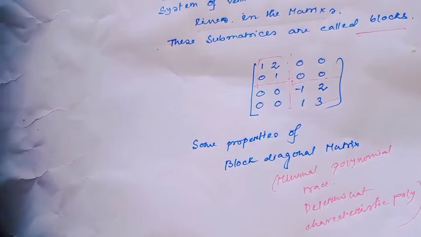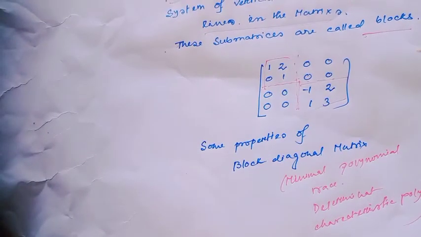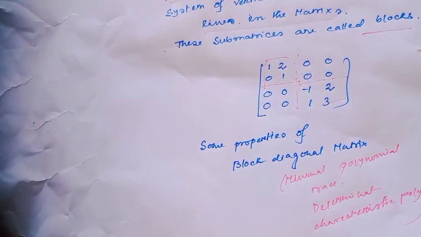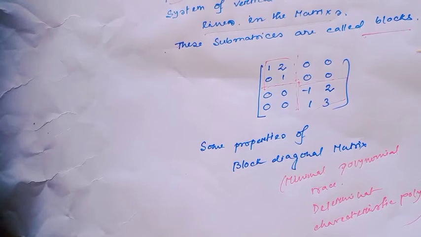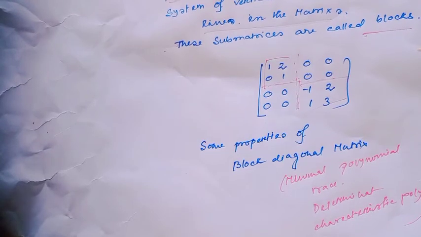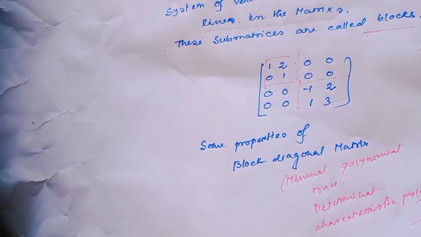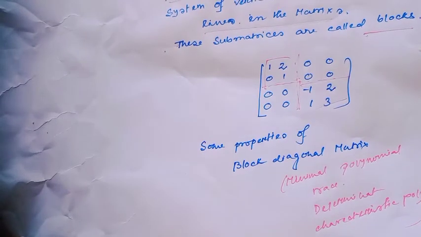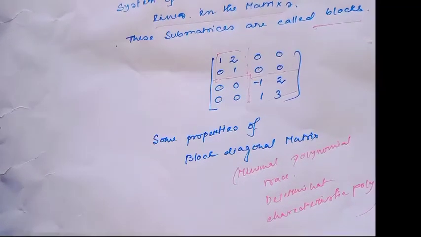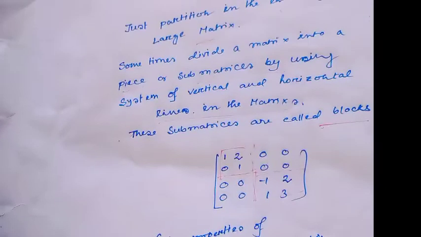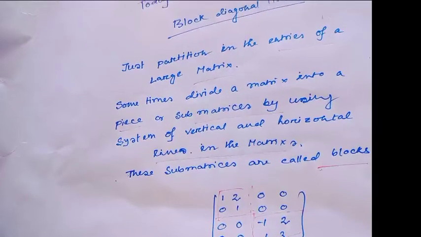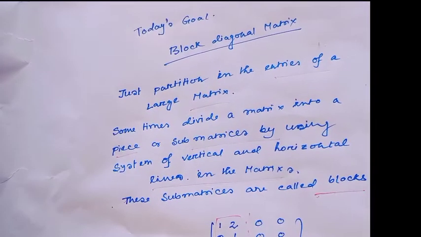Today I will show how we partition this type of very large matrix, and how we find the minimal polynomial, trace, determinant, and characteristic polynomial of a block diagonal matrix. Have you understood? Okay. This is our actual goal of today's lecture, because the block diagonal matrix is very important for any competitive exam.